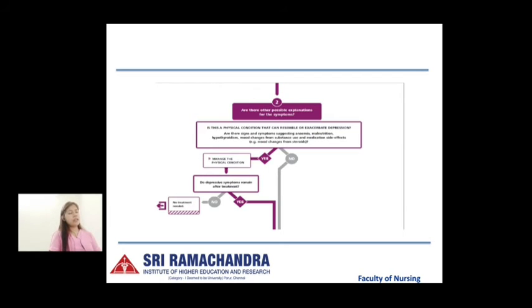If the person does not have any possible physical conditions, then we have to see whether there is any history of other psychological problems. If there is none, we have to go for other psychological problems. If the physical condition is present, then the next step is managing that physical condition, whether it is anemia, hypothyroidism or malnutrition.